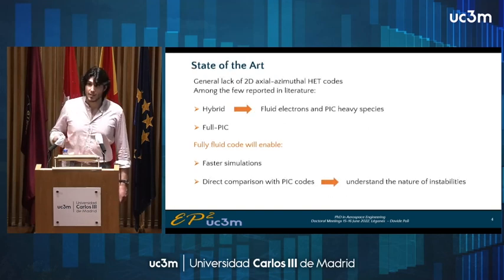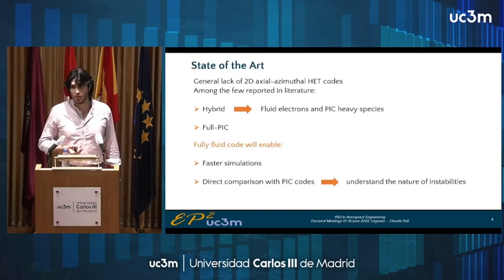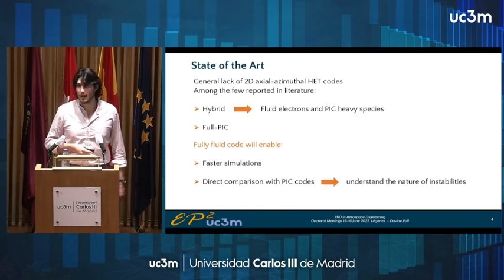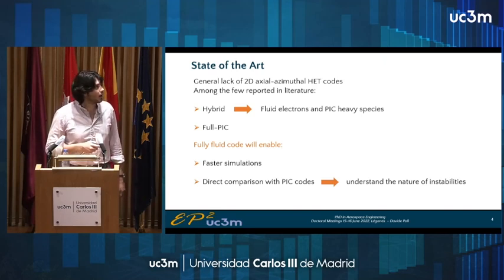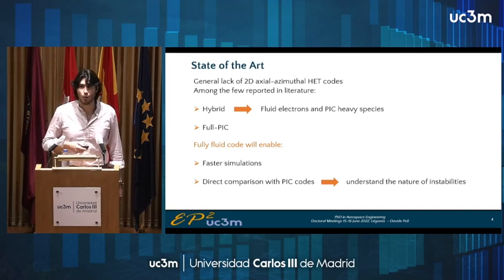The state of the art is that there are just a few two-dimensional axial-azimuthal models, and the only models available are either hybrid, which means fluid electrons and particle-in-cell heavy species, or full particle-in-cell.